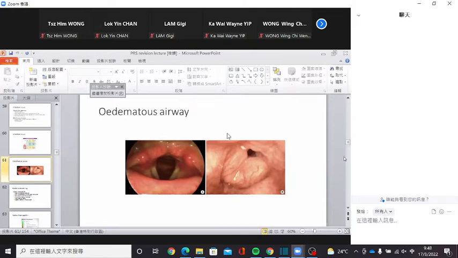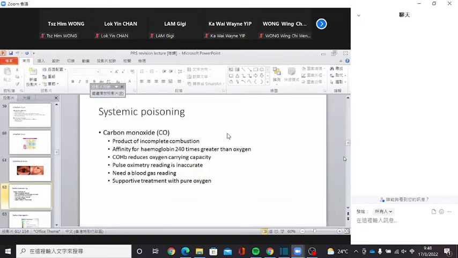Diagram A is before giving the resuscitation fluid, and diagram B is after a large amount of resuscitation fluid is poured in. You can see the caliber of the airway is significantly reduced. That means intubation at the later stage could be very, very difficult, if not impossible.